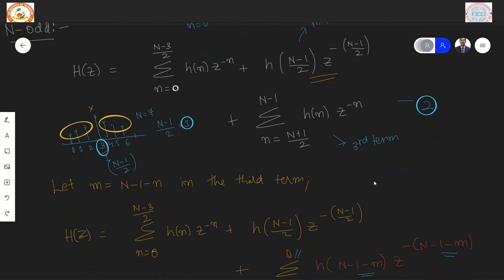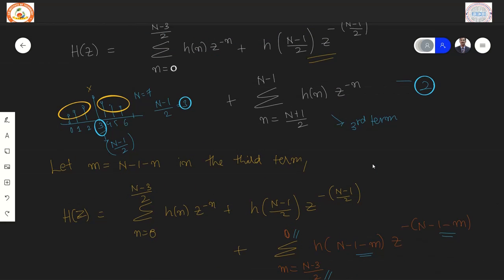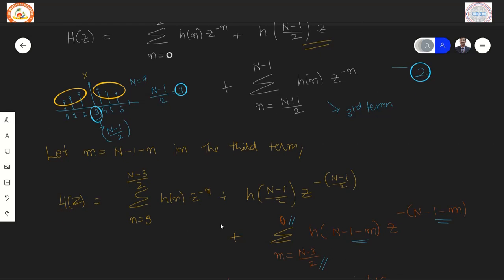So this is quite similar to the previous solved example. Now, after doing the manipulation, we can observe that the third term will become h of N minus 1 minus m, z raised to minus (N minus 1 minus m), and the index after calculation will be m equal to (N minus 3) by 2 and the upper limit will be 0.